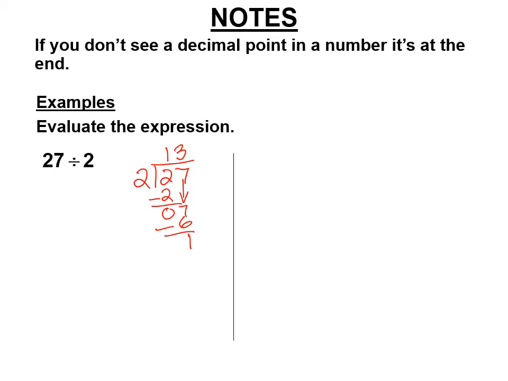Well, 27 has a decimal point at the end. So even though we didn't see it, it's there. You need to bring it up. Then what do you always do in division if you're out of numbers? You add a 0 and bring it down. 2 into 10 goes 5. 2 times 5 is 10. So 27 divided by 2 is 13.5.